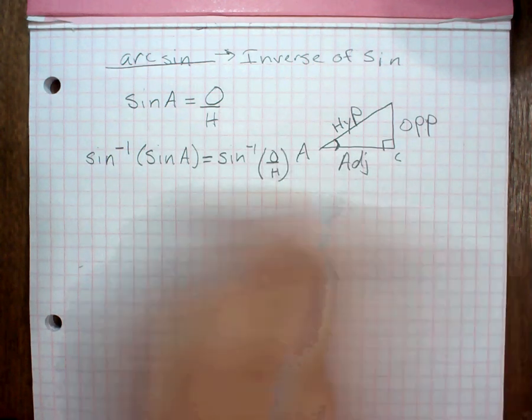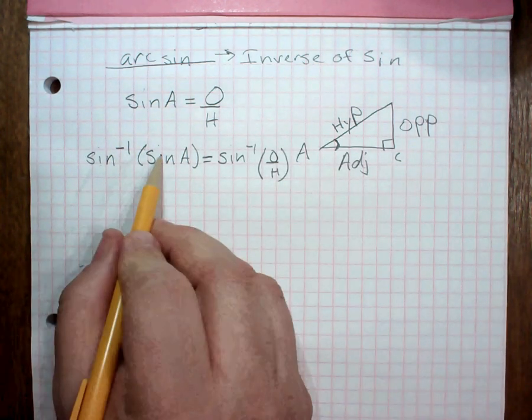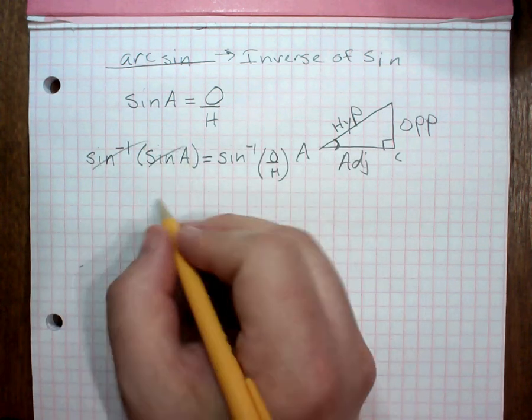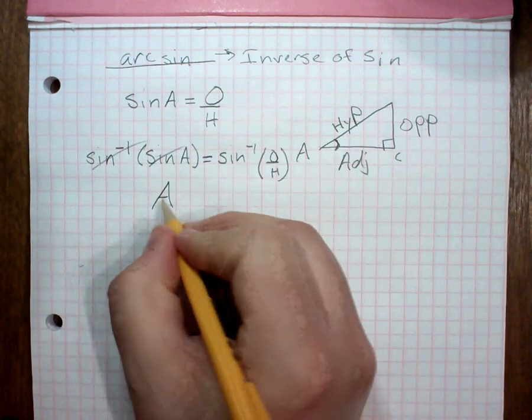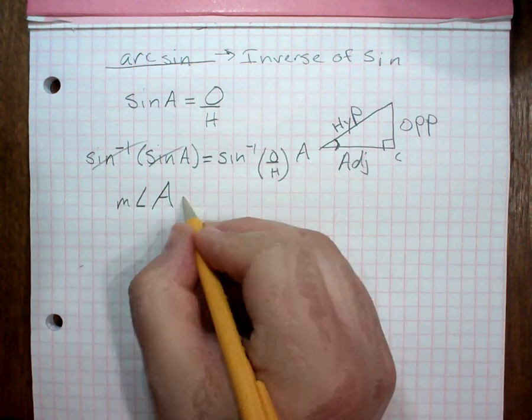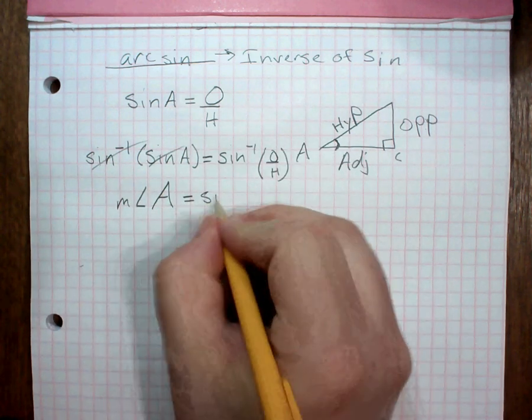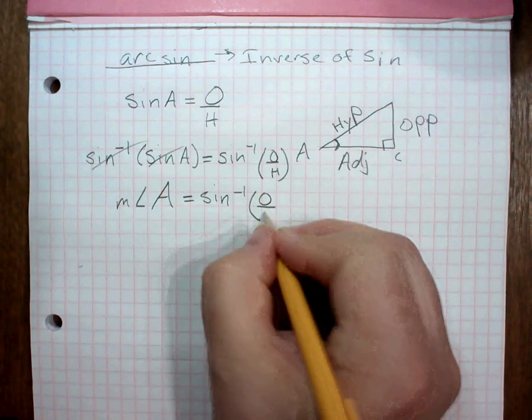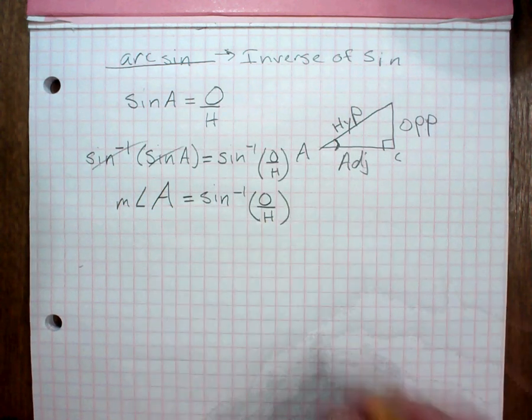Now, the inverse undoes what the original trig function is doing. In other words, this cancels with this, and I get the measure of angle A is equal to arc sine of the opposite over the hypotenuse. Okay?